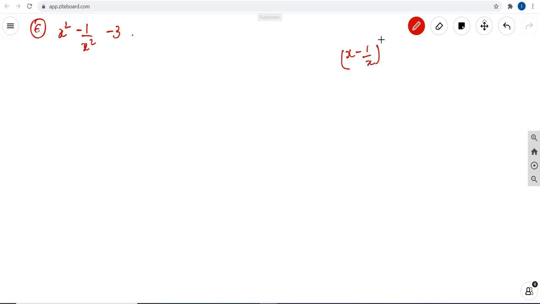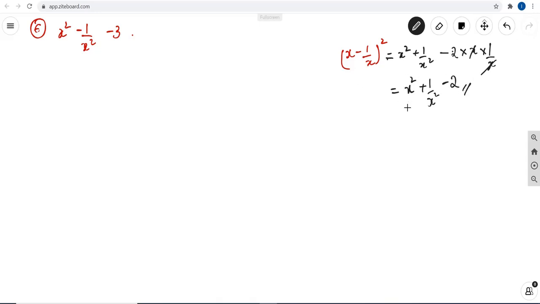If I square this, what will I get? I have to get 2 into x into 1 by x, so this x and this x get cancelled. I'm going to get x square plus 1 by x square, minus 2.